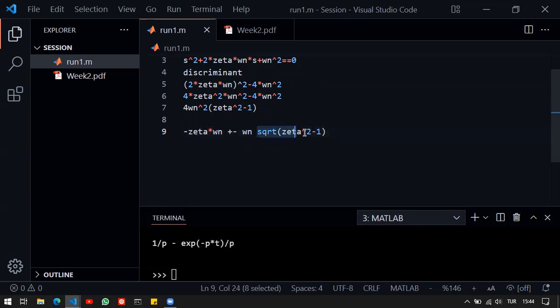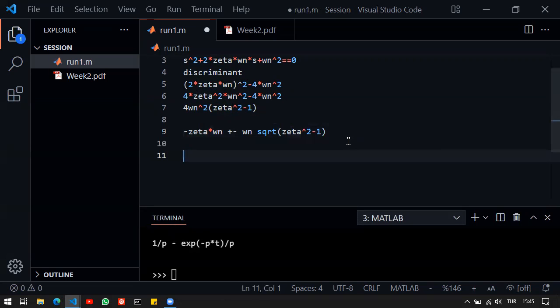We can, for example, see that the discriminant gives us an option based on the zeta squared here. And we can use zeta in order to determine if it's an all real solution, if it's a complex conjugate solution. So zeta here basically is used to see what the poles will look like.